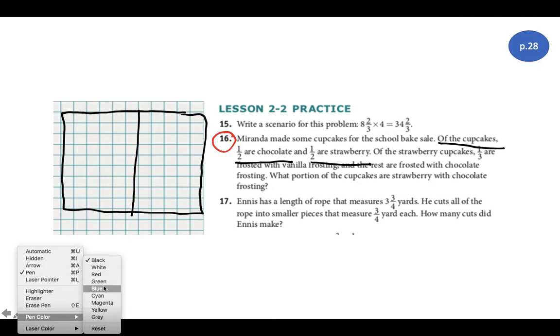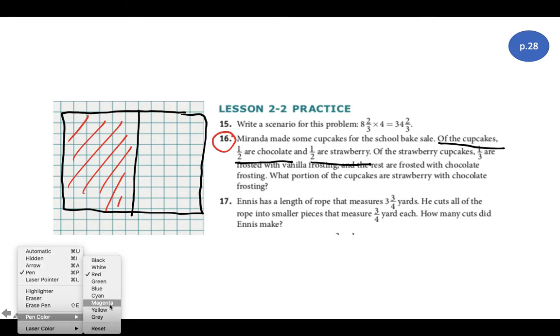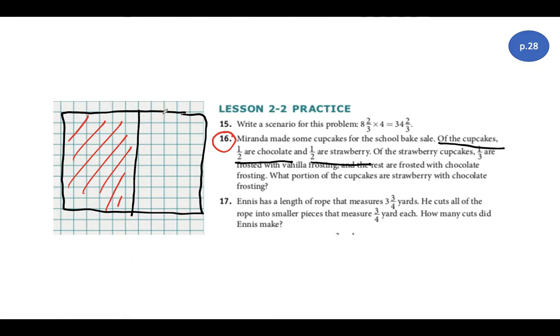We'll make them red. Half of the cupcakes, so these are the strawberry cupcakes, and half of the cupcakes are going to be chocolate. Let's see if I can get brown going here. There's no brown? I guess we'll have to go black. All right, so these are the chocolate cupcakes.